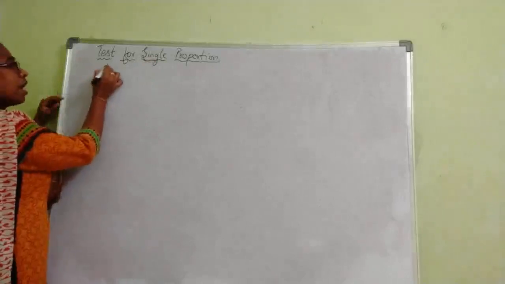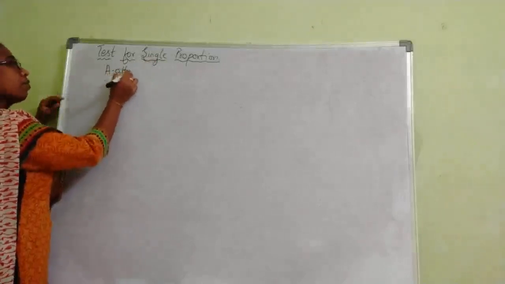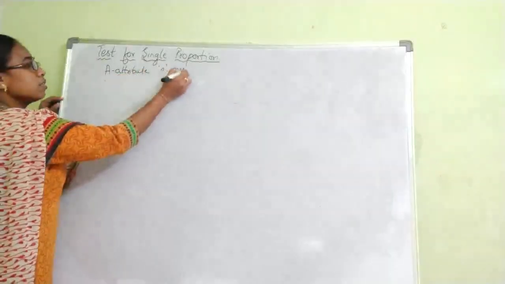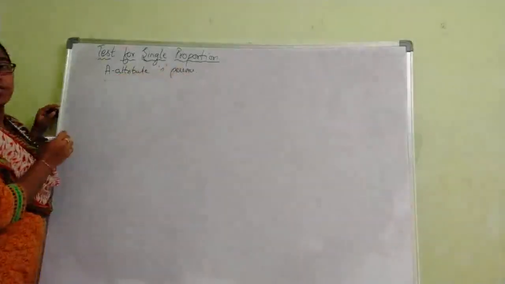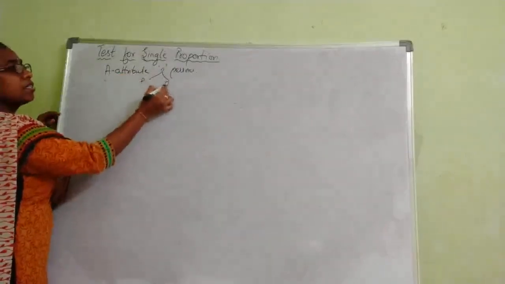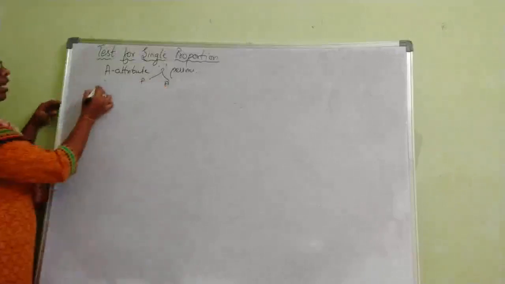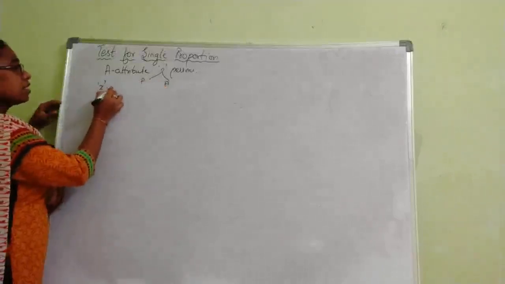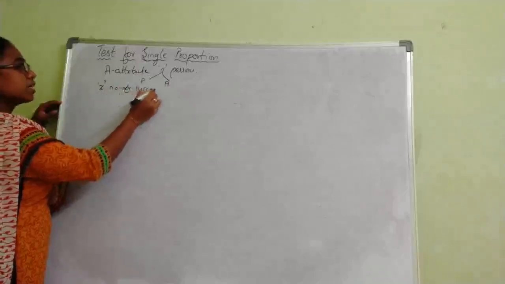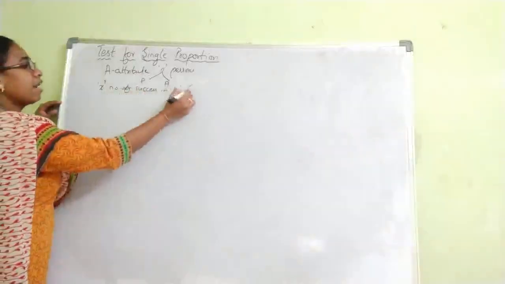Suppose you have an attribute A and there are n persons. Among those n persons, we will be checking whether the attribute is present or absent, which results in x number of successes in n trials.